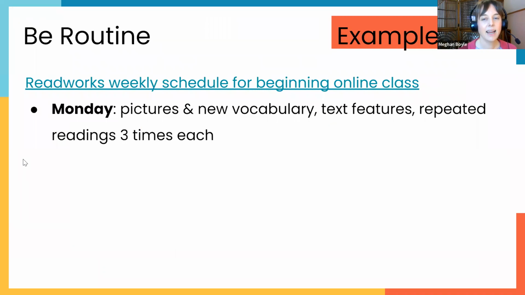And it is using ReadWorks, which is a K-12 resource. So I would use the first grade readings, and I found some nonfiction ones. I loved ReadWorks because of the built-in comprehension questions that make it really easy to see how students do on them.